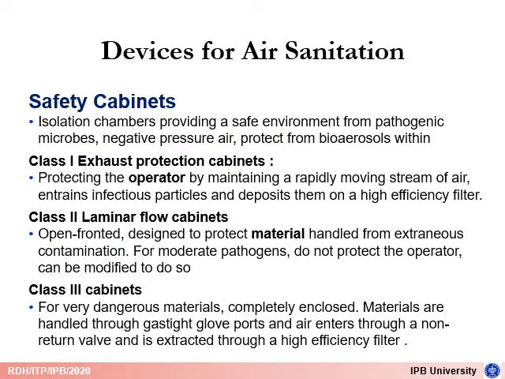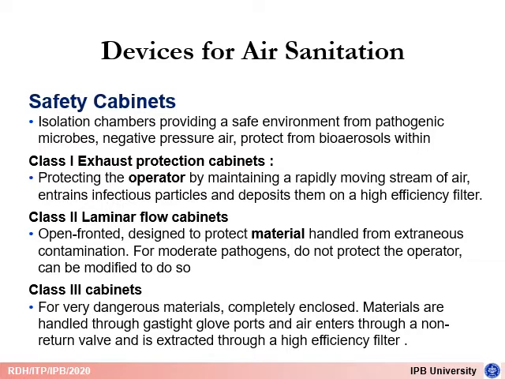The second device for air sanitation is the safety cabinet. Safety cabinets are isolation chambers providing a safe environment from pathogenic microorganisms. Negative pressure air protects from bioaerosol within. There are three classes. The Class 1 exhaust protection cabinet is aimed to protect the operator by maintaining a rapidly moving stream of air, entraining infectious particles, and depositing them on a high-efficiency filter.